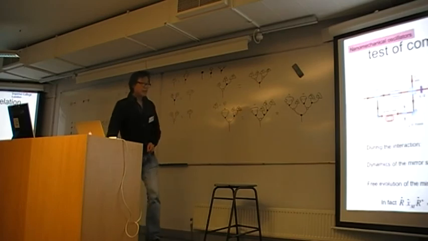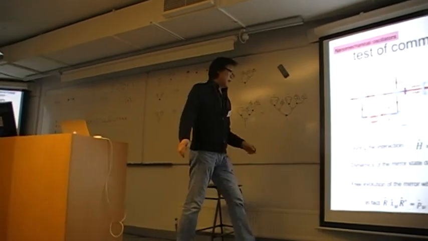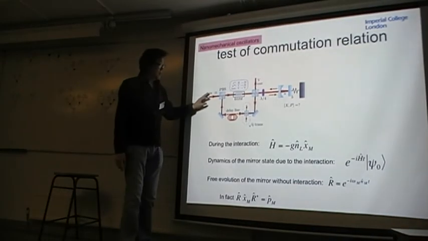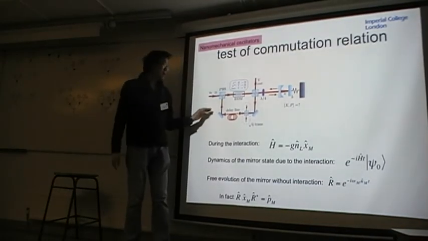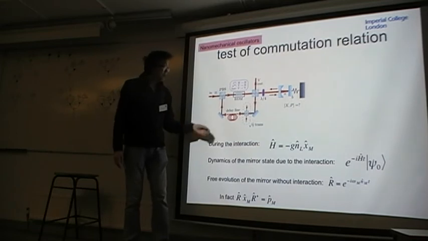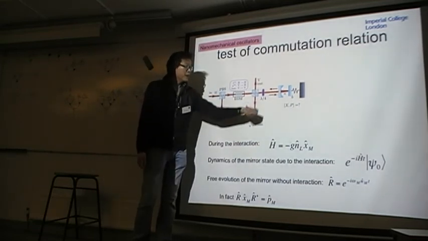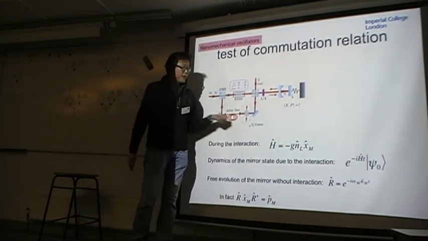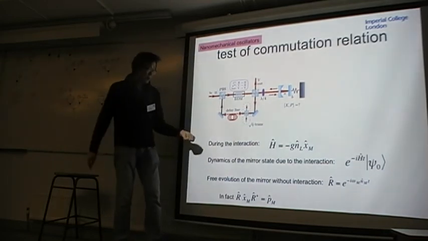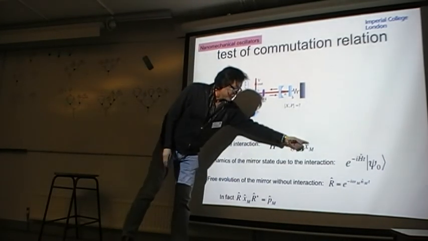Okay. Here, it is about the same setup, but the difference is that we can do many interactions. So the interaction Hamiltonian goes in this form.